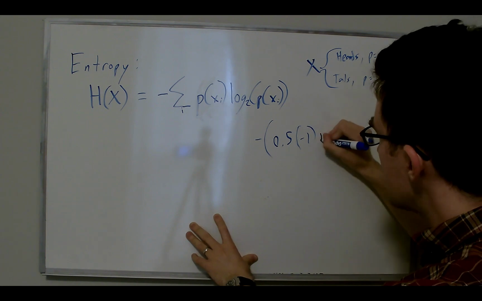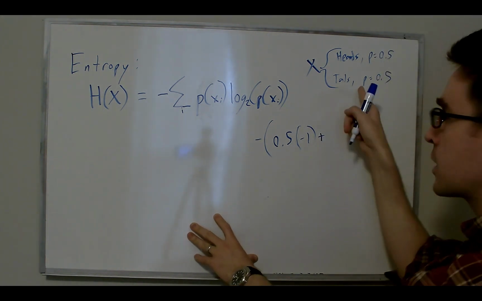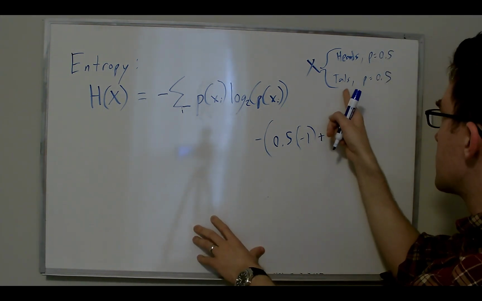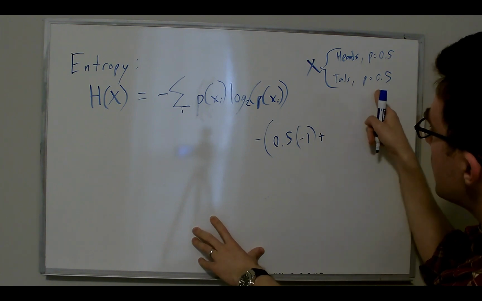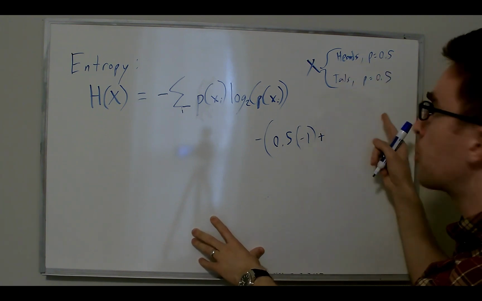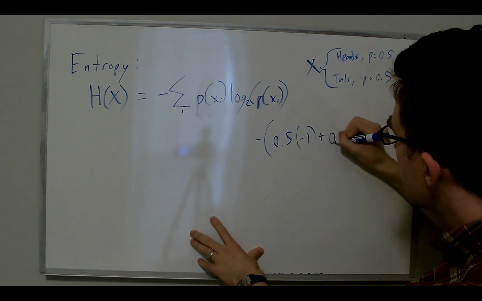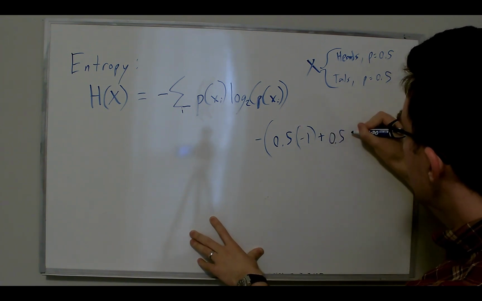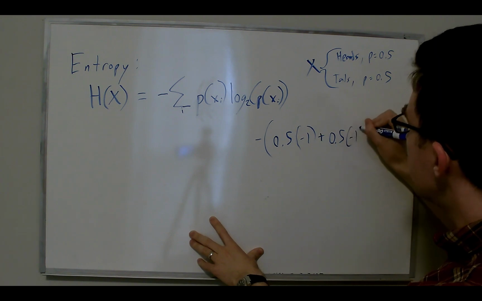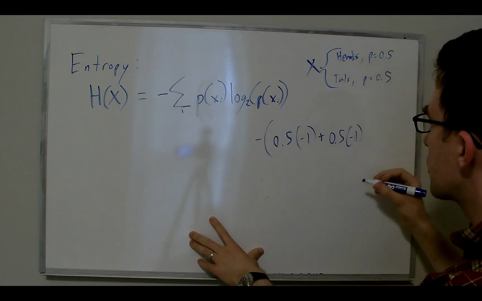And then it's a summation, so we have to do the same thing again for our next value of x, which is tails. It's the same as the heads because this is also probability 0.5. So we have the probability of tails, 0.5, times -1, because it's also 0.5 for the probability.